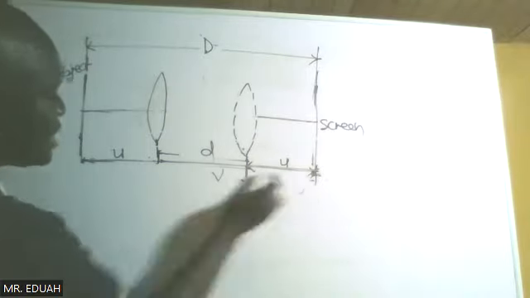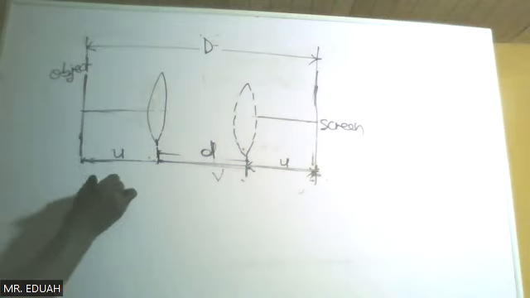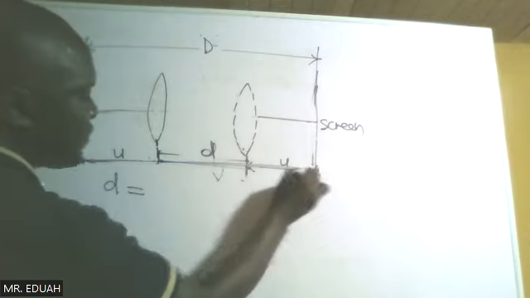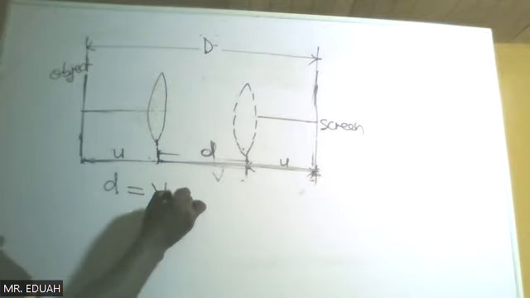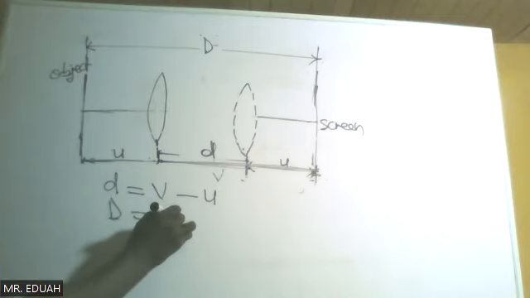So if I am to find small d, I subtract, because this is V minus U. And earlier, we saw D to be equal to U plus V.